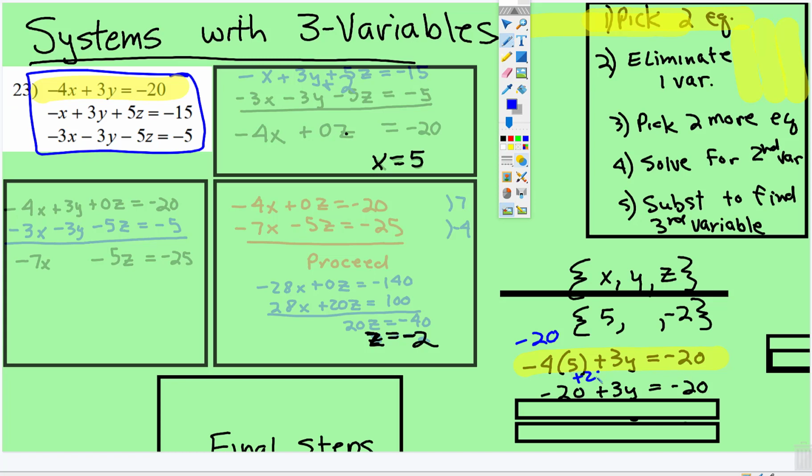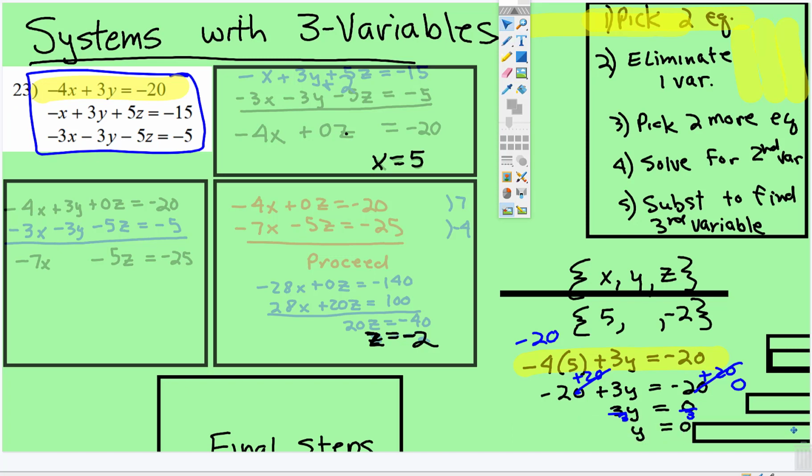But if not, add 20 to both sides. And then you get 3y is equal to 0. When you divide both sides by 3, y is equal to 0. And so now we have our solution set for that entire system. Okay, that's it for this one.